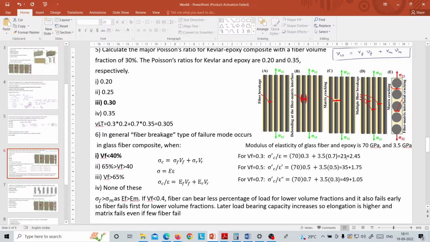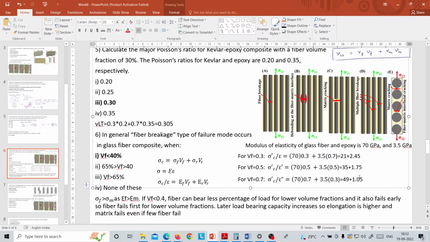So the load on the matrix right at failure would be higher in these examples, because the strain in the matrix would be equivalent to the strain in the fiber. In this particular case, the fibers are bearing an equivalent of 49 stress.